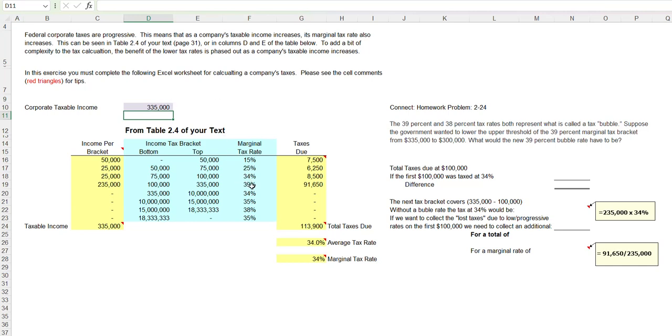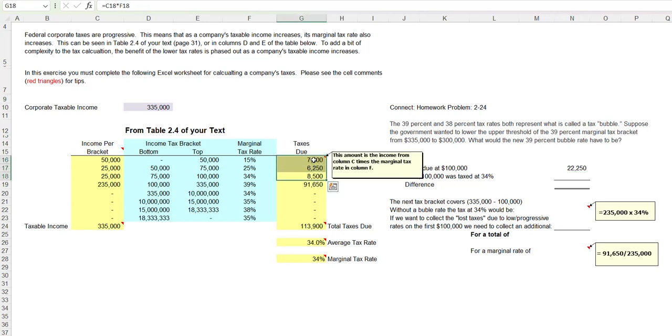So the question then is, how did they come up with this 39% rate? Well, first, let's look at the amount of taxes that are due on our first $100,000 in income, and that would be $22,250, the sum of the taxes from those three brackets right there.